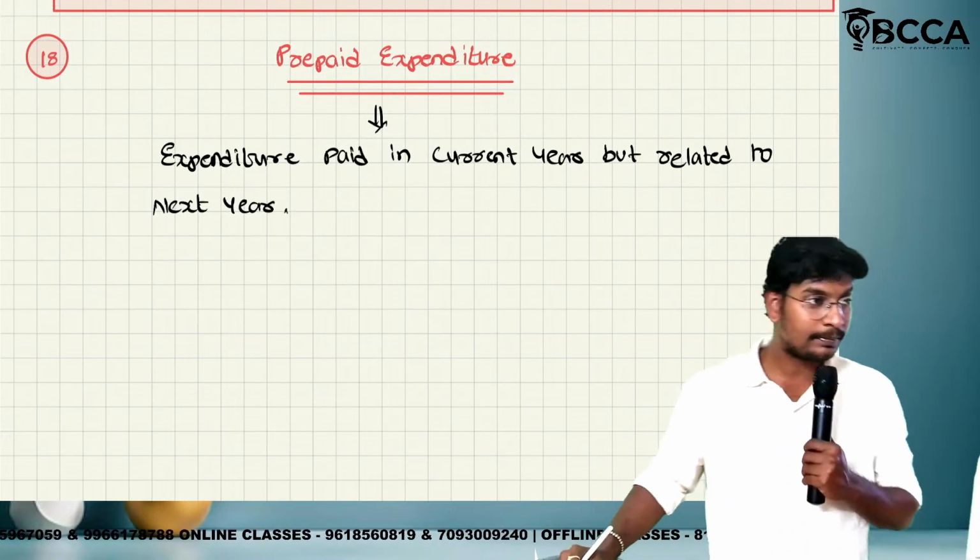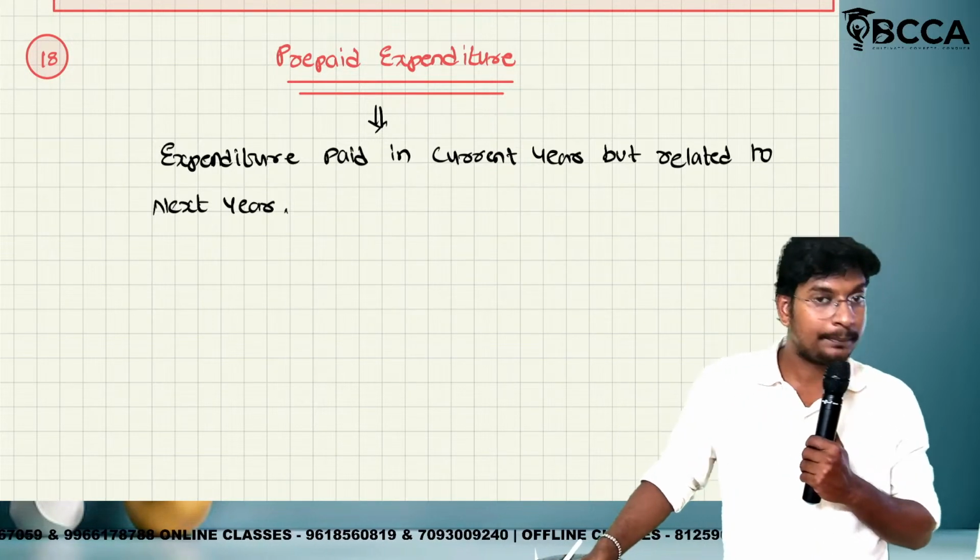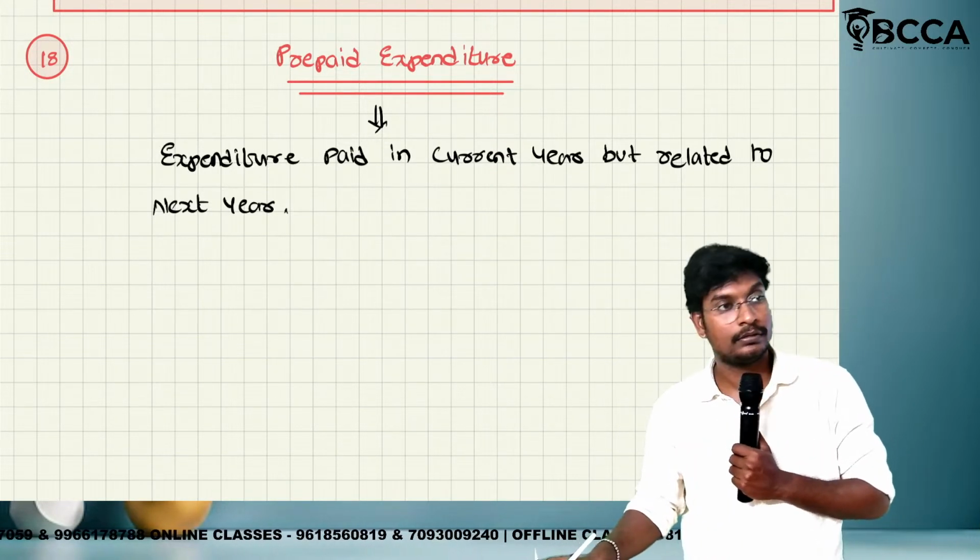The expenditure paid in current year but related to next year is called a prepaid expenditure.